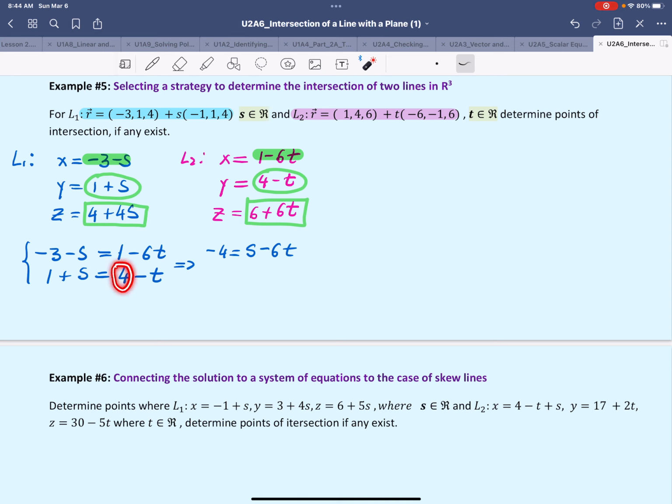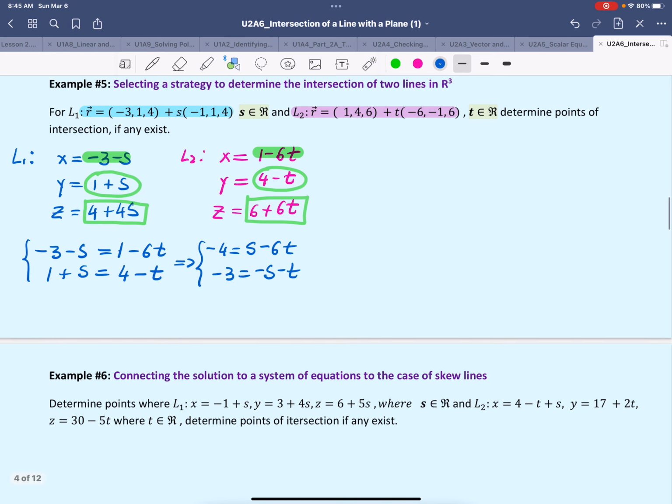Second equation, I'm bringing 4 to the left side, 1 minus 4, -3, equals s to the right side, -s minus t. As you can see here, we have the term s with opposite coefficients, 1 and -1, which makes it convenient to solve this system by using the elimination method. And by adding the two equations, we can eliminate the variable s.